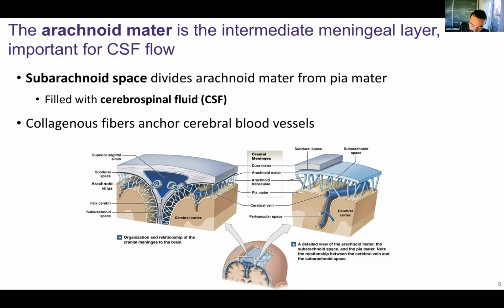We have our periosteal layer of the dura mater here in this picture. We have the meningeal layer here.